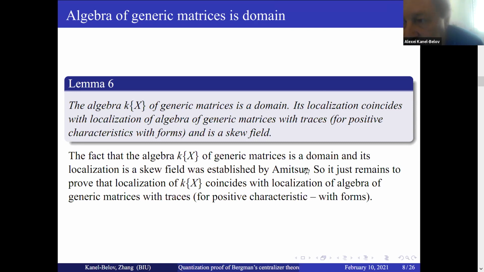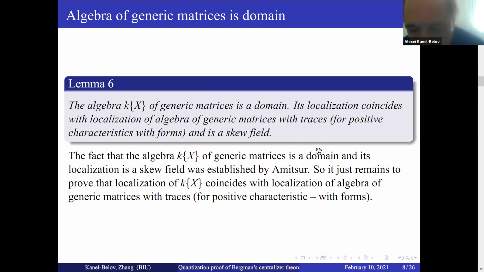But an algebra with traces also has a unary operation, taking the trace, such that trace(A+B) equals trace(A) plus trace(B), trace(AB) equals trace(BA), and trace commutes with everything.